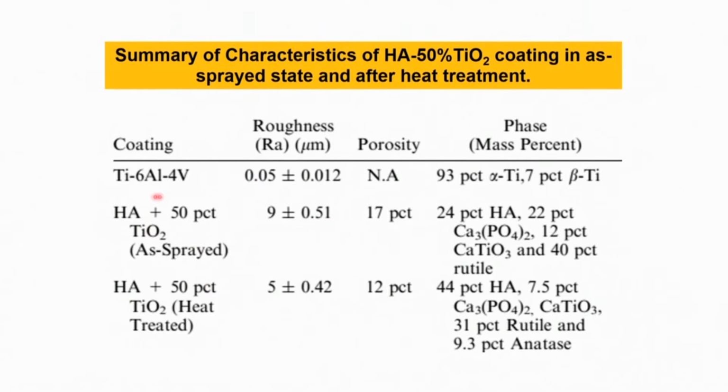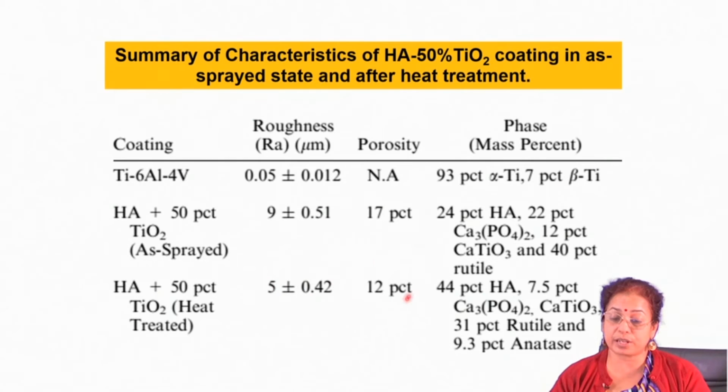If you see the microstructure and different characteristics of the coating, you will find that in 50% zirconia as sprayed condition, there is formation of rough surface, roughness increases, but when we did heat treatment of the coating, roughness decreases to a large extent.